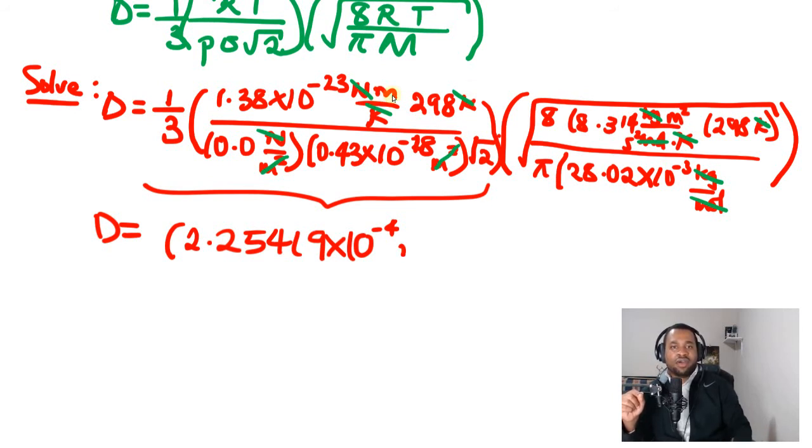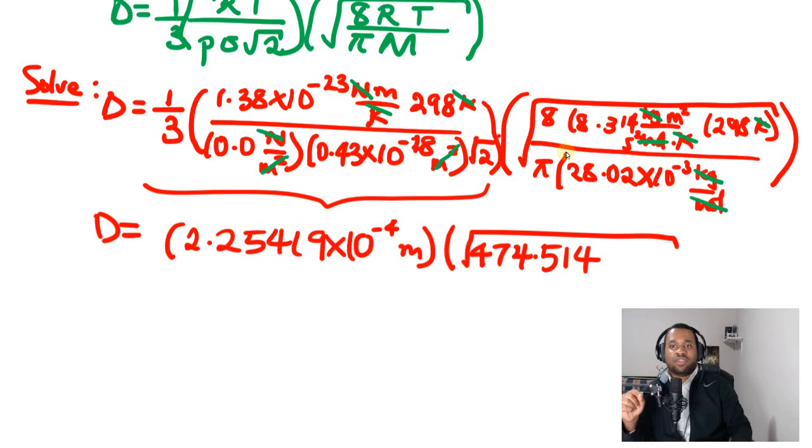On the other side we have our bracket with a square root, and inside it, take note, our constant value will be 474.514. Take note that the unit is meter squared over seconds squared.